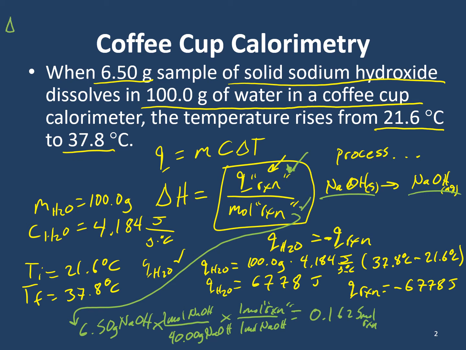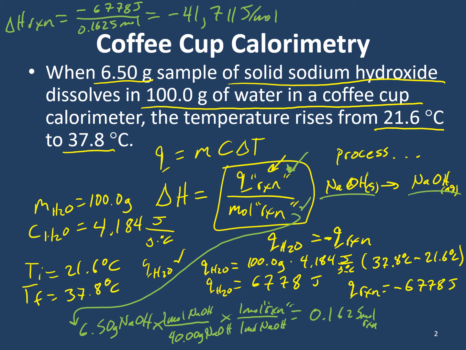Now my last step: my delta H is equal to negative 6,778 joules divided by 0.1625 moles. This gives me negative 41,711 joules per mole. We need to round this to 4 sig figs.